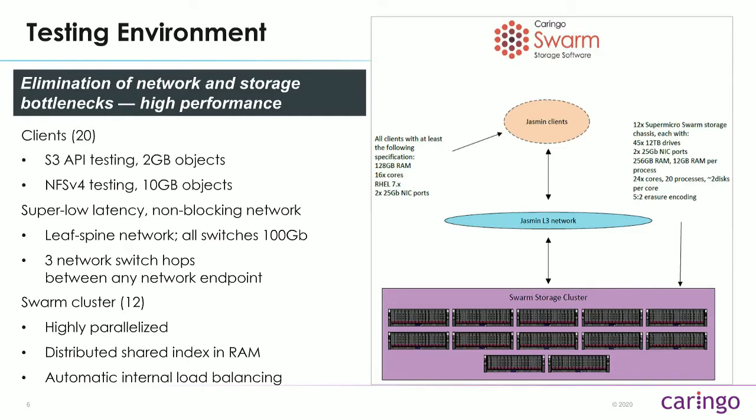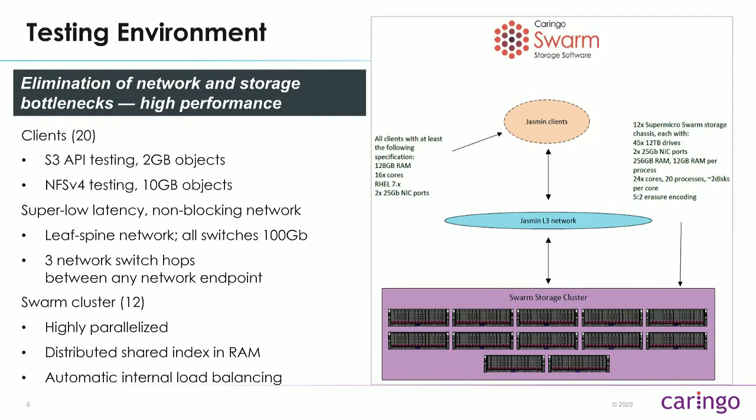So let's go through the testing environment we put in place for STFC. As you can see in the slide, we tested the system based on the specific requirements STFC has, especially when it comes to file sizes. So it was 2 gigabyte objects for the S3 API testing and 10 gigabytes for the NFS.